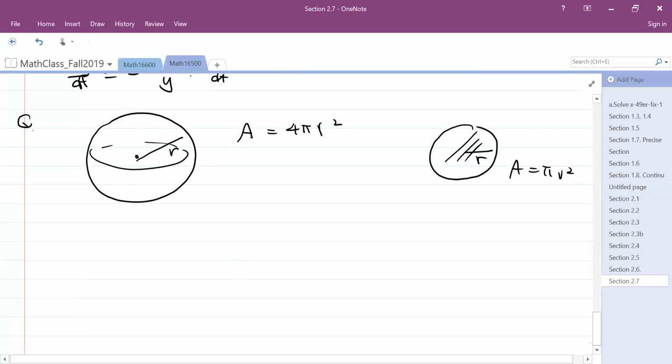All right, so this is the surface area, A equals 4 pi r squared, and we want to know the rate of change in surface area with respect to radius r. So that means if the radius changes a little bit, how much does the surface area change? The geometric meaning of this is the rate of change in the area with respect to r, approximated by the change in surface area.